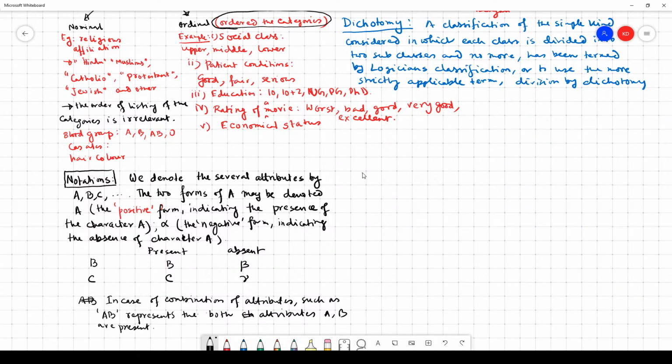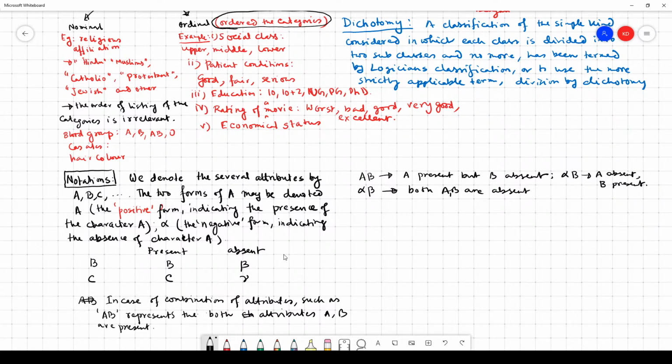Similarly, A beta means A present but B absent. Alpha beta means both A and B are absent. Alpha B means A absent, B present, and so on.